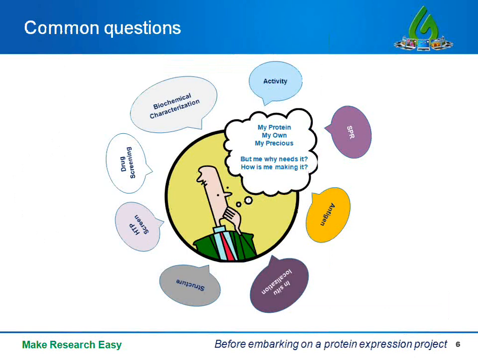A typical starting point for most expression projects begins with asking the most basic question. Why do I need this protein? Is it for an activity assay? Is it for biochar? Maybe structure biology work or high throughput study? And this is important because the end dictates the means.